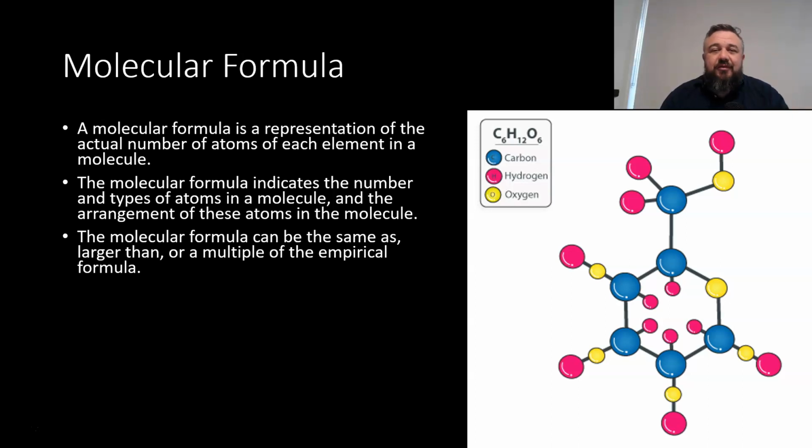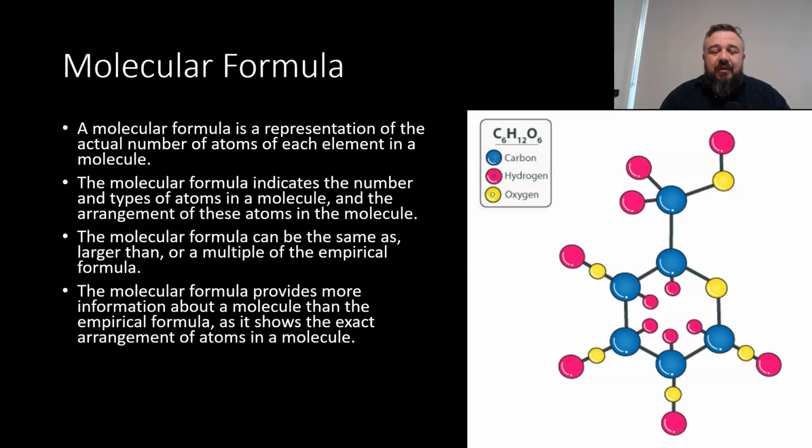We don't call them formula units in molecules, but really that's what it is. It can be the same as that, or it can be larger. It can never really be less. It provides more information than the empirical formula, and it can be used, particularly in organic compounds, to work out the exact ratio. Over here, we have glucose.